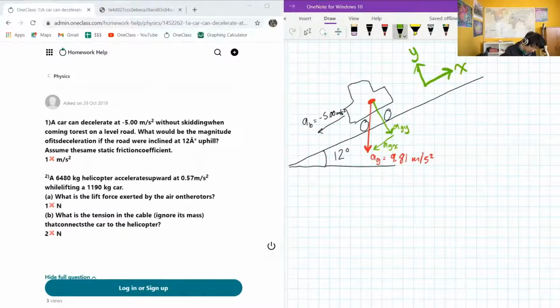Yeah, so this could be a little bit confusing. Maybe I'll draw this in a purple color. So this is AN for normal, and that's going to be equal to AGY. So the only things of relevance here are going to be AB and AGX.